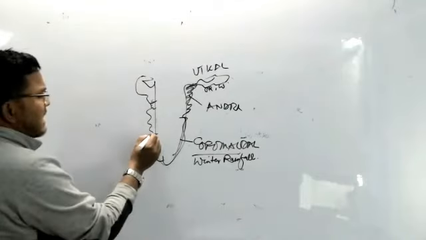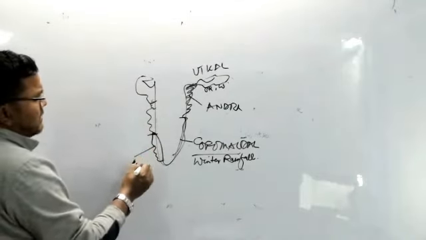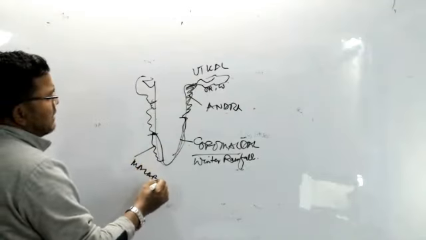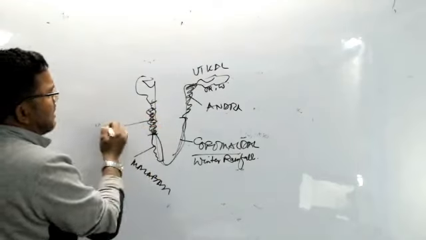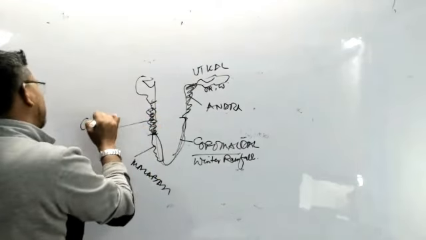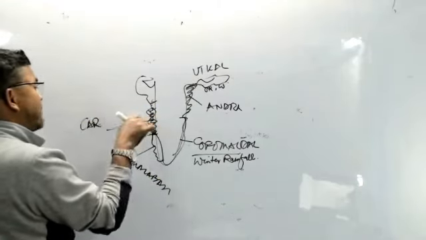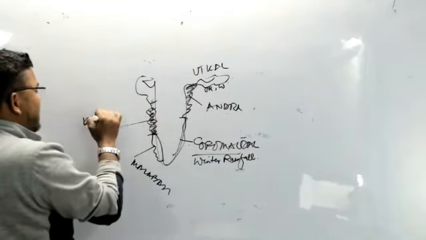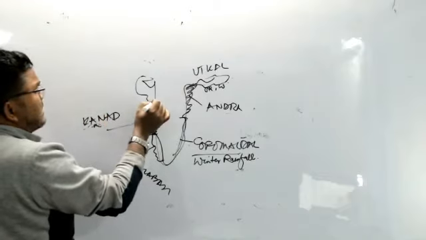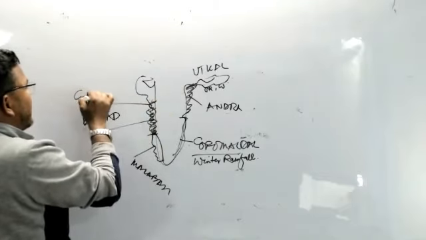This Kerala part is called Malabar. This Karnataka part is called Canara, the Kanara Coast. And this is the Goan Coast.